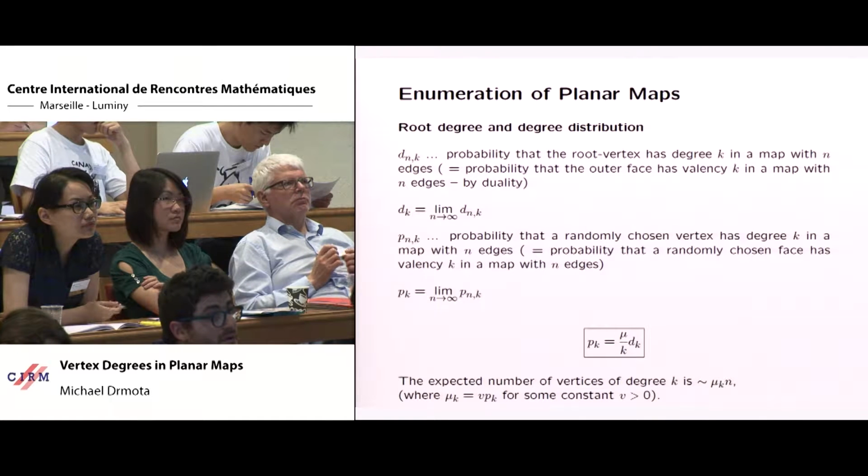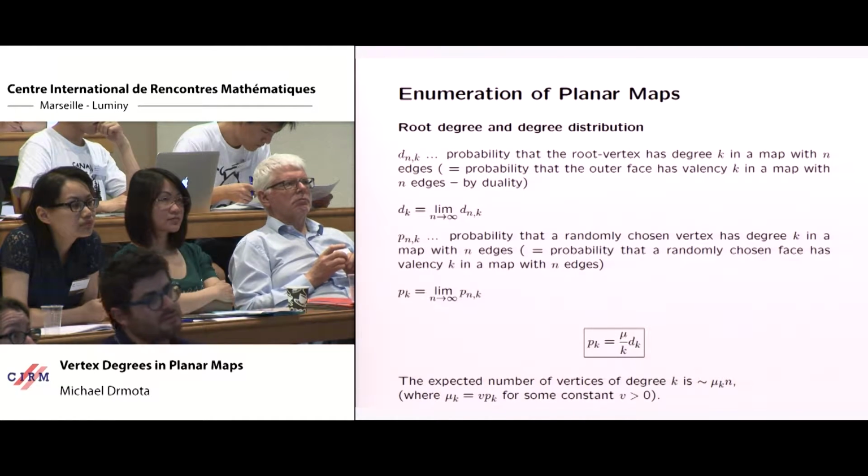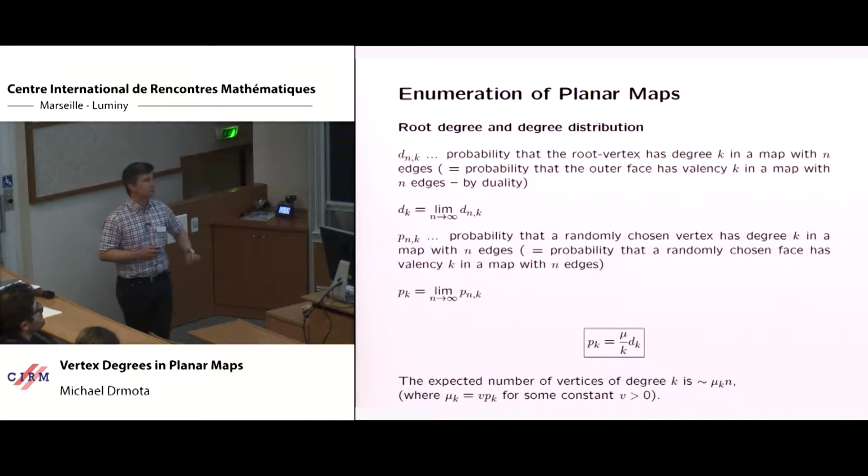A different question is to look at a randomly chosen vertex, not the root. The statistics is a little bit biased because of the root edge, but anyway, you also get a limiting probability. If you consider the probability that a random vertex has degree k, then again it stabilizes to a positive limiting probability. Both probabilities are related but not the same.